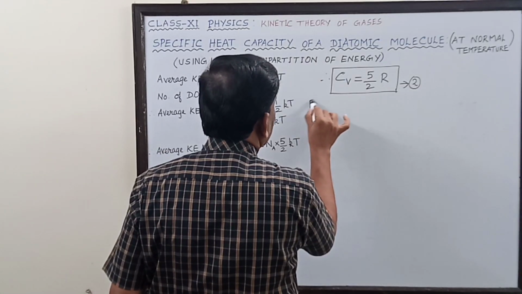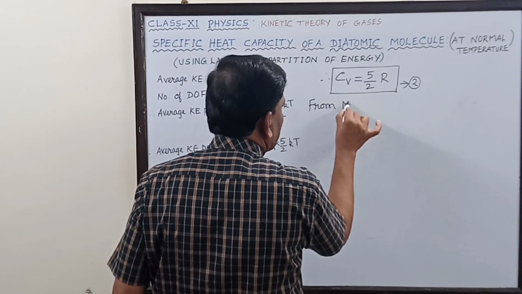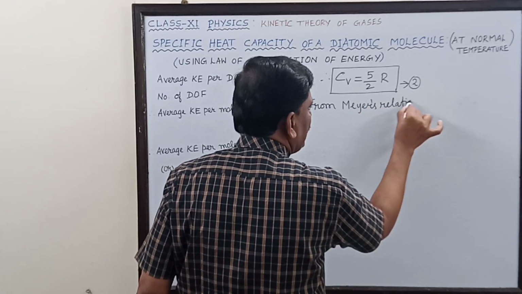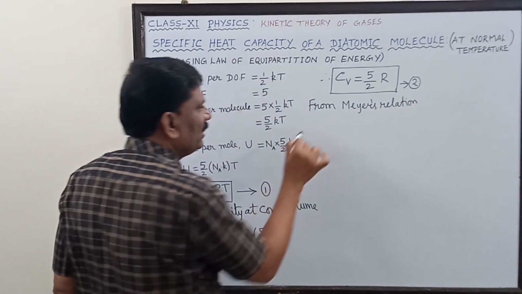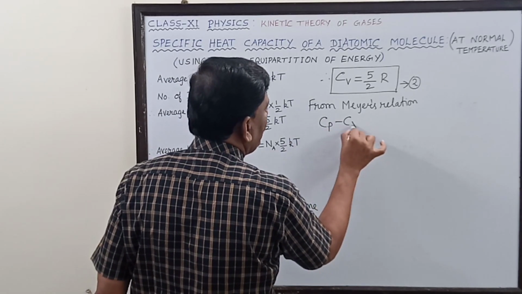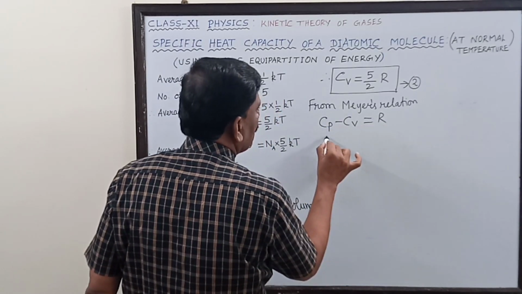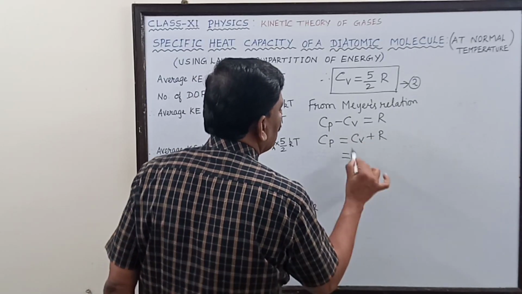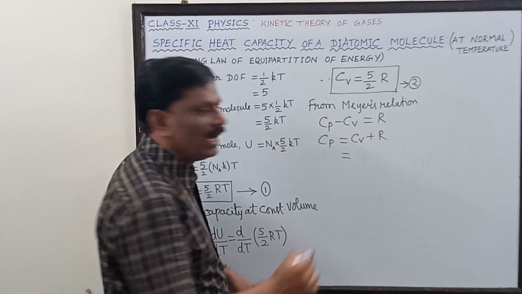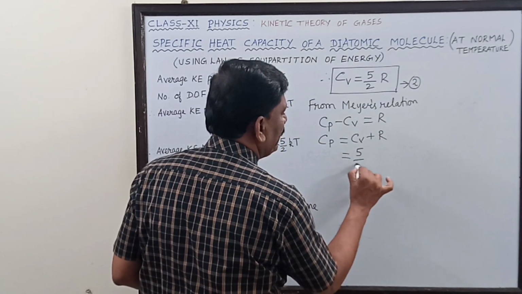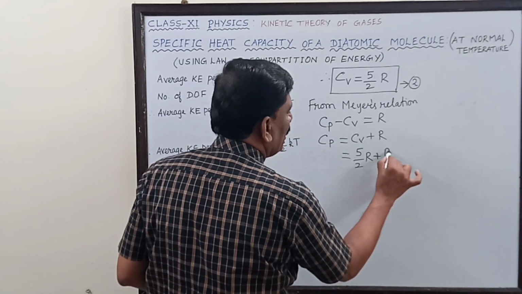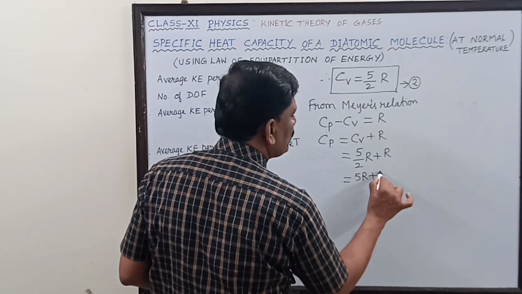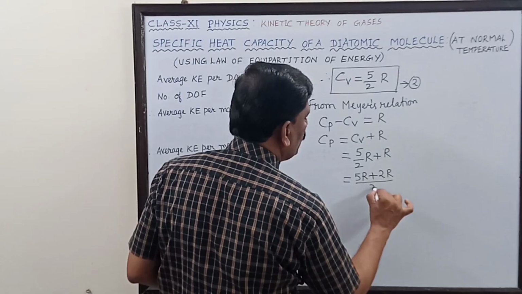Now from Mayer's relation once again. Mayer's relation relates Cp and Cv. What is the Mayer's relation we have studied? Cp minus Cv is equal to R. Therefore Cp is equal to Cv plus R. The value of Cv is 5 by 2 R, so this is equal to 5 by 2 times R plus R. Taking LCM, this is 5R plus 2R divided by 2.